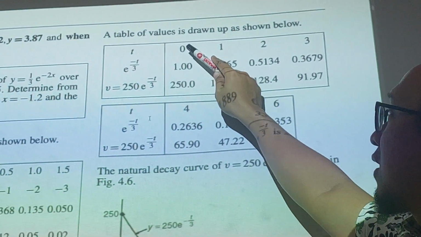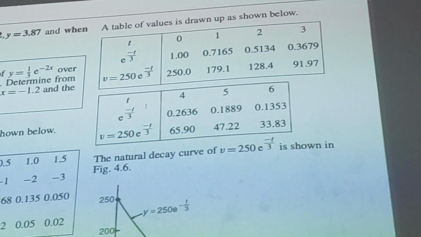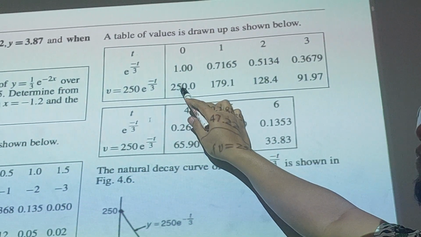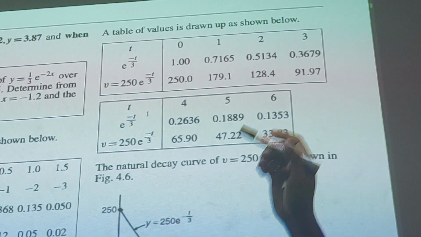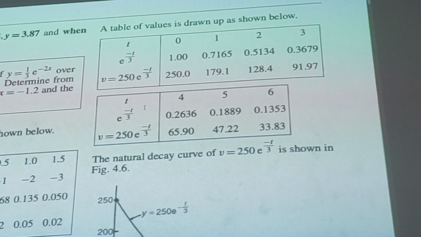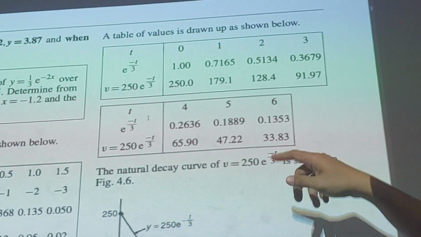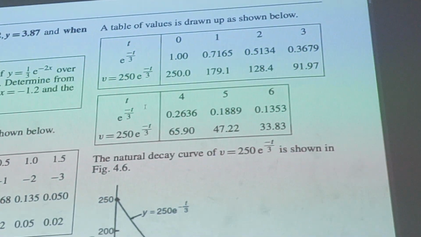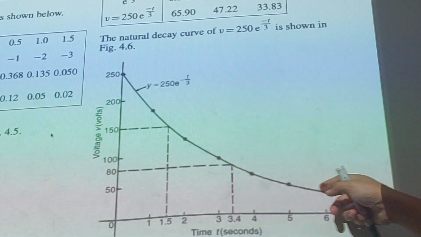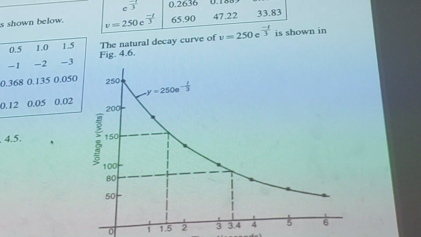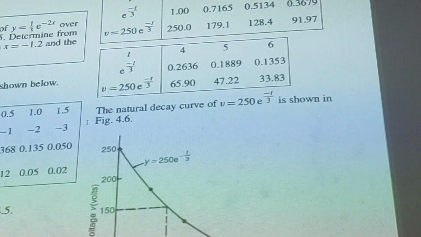This is in seconds. At the first second it drops from 250 to 179, and so on, through 3, 4, 5, 6. Then you can make the graph. So after you get the graph, you can answer the question.